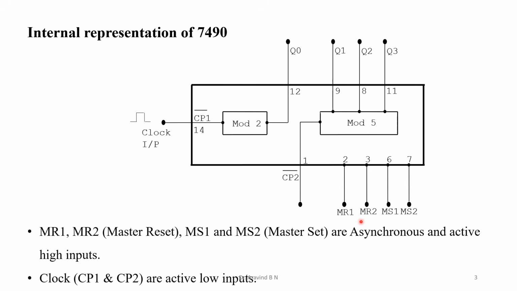These are asynchronous inputs, meaning whenever one is activated, it will directly reflect on the output without any clock pulse. We will discuss this more during the functional table representation.